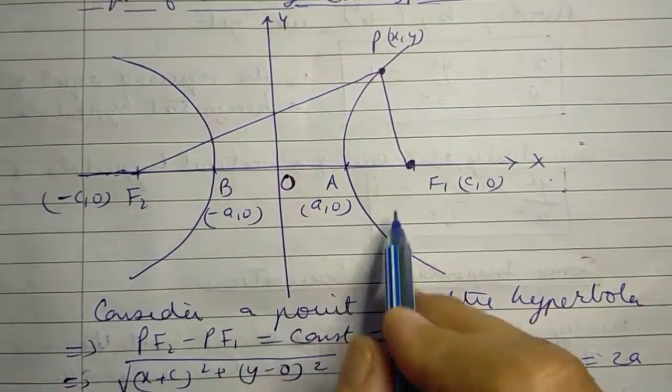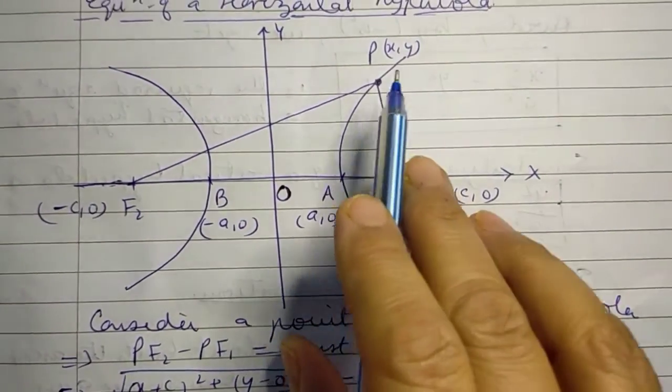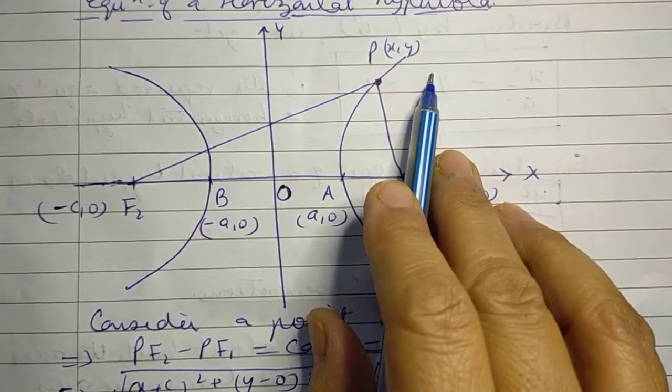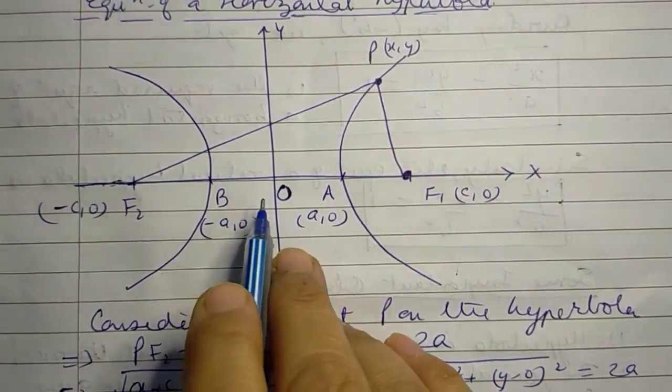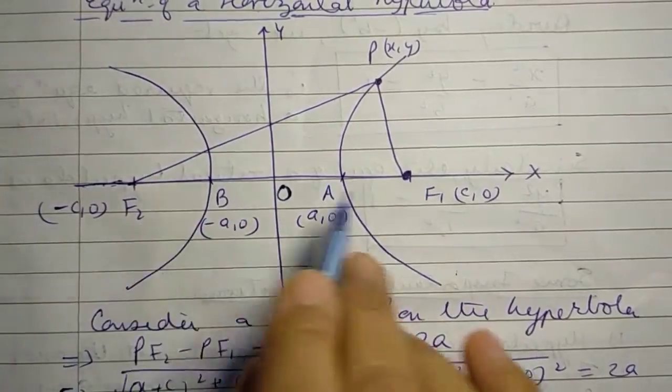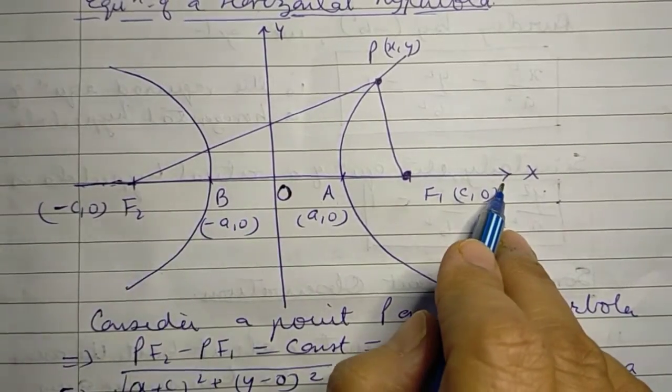So consider a horizontal hyperbola and let P be the point (x, y) lying on the hyperbola. Since it's a horizontal hyperbola, both the vertices as well as the foci lie on the x-axis.